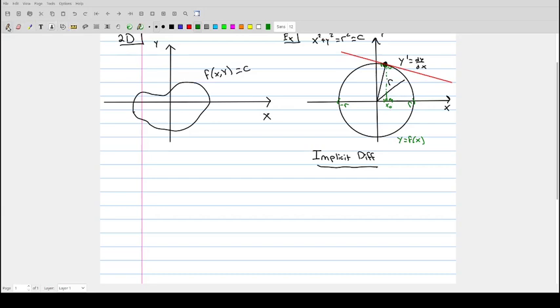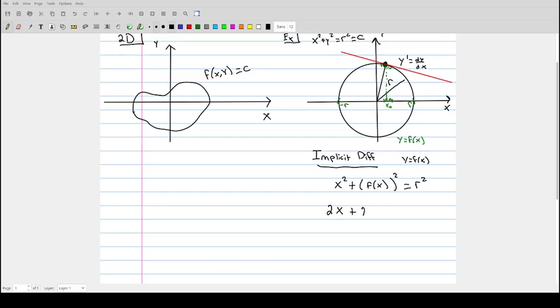But what this allows us to do is write down, well, if y is expressible as some function of x, we can write that the equation of that circle is x squared plus f of x squared is equal to r squared, where y is equal to f of x. And if we differentiate, this becomes 2x plus, and then we have to do the chain rule on this term right here.